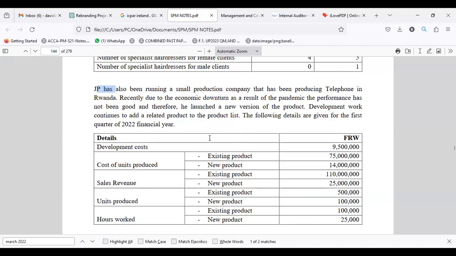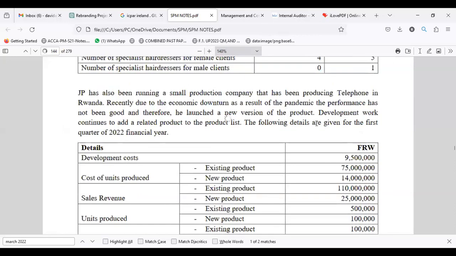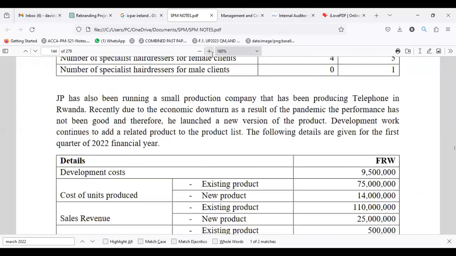So GP has also been running a small production company that has been producing telephones in Rwanda. Recently, due to the economic downturn as a result of the pandemic, the performance has not been good, and therefore he launched a new version of the product.